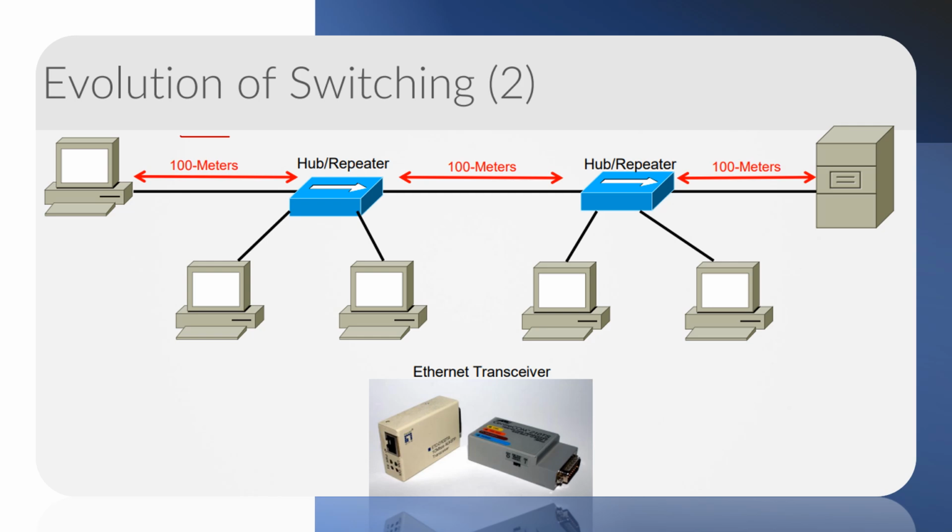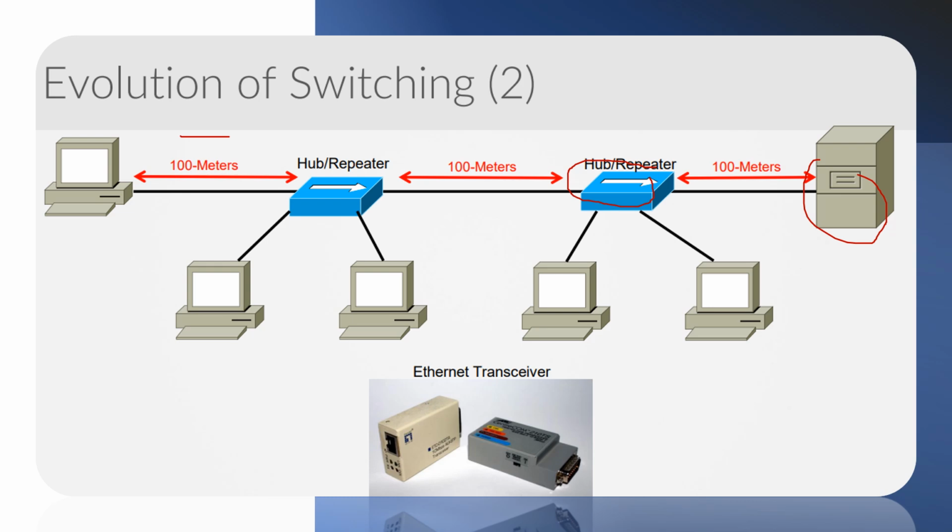And again there is a hub or repeater, which can forward it another 100 meters, and so on. If we put a hub or repeater after every 100 meters, then we can make connections as long as we want.